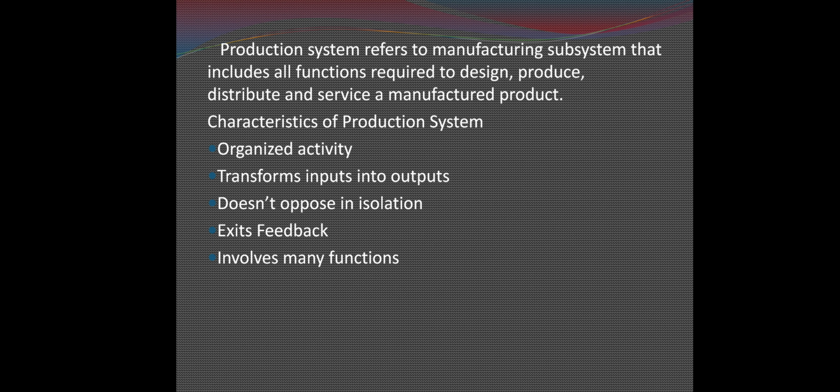The next characteristic is that it doesn't operate in isolation. As we discussed in the last slide, there are so many inputs, mainly machinery, materials, information, and capital, which are converted into a single product. So the different inputs are separate from each other, and they are converted into the final product.